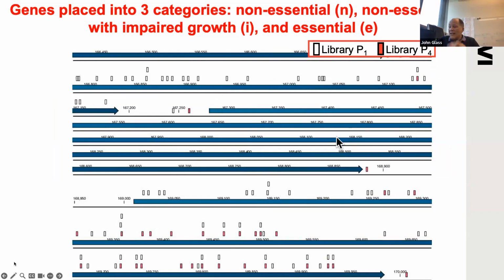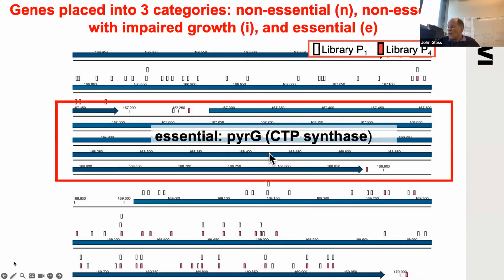Now here you see, bear with me, an essential gene, CTP synthase. It has no transposons in it, no boxes, white or red.